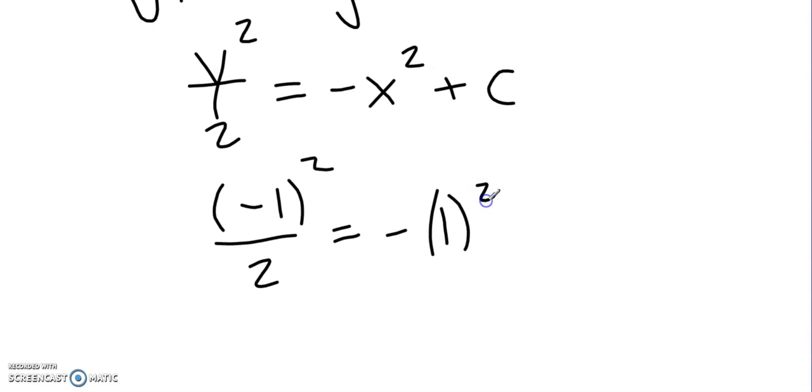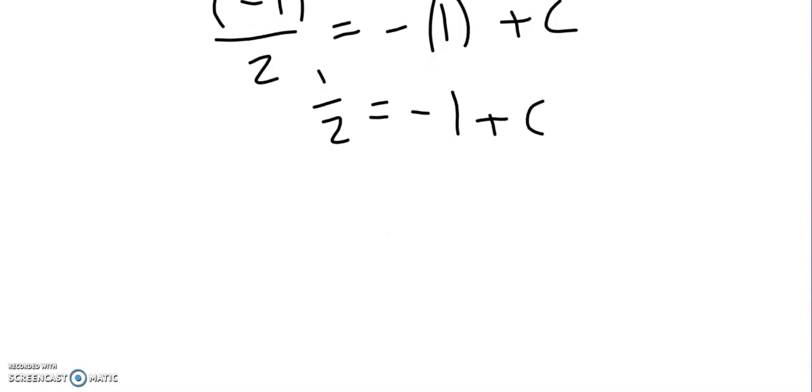And we're going to find what our c value is. So we have positive 1/2 is equal to negative 1 plus c. And when we add 1 to both sides, we'll have 3/2 is equal to c. But that's not our particular solution yet.